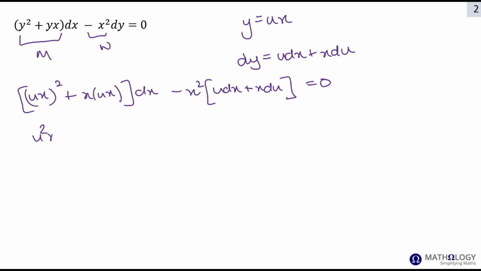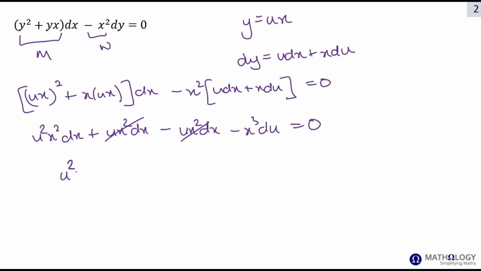So we have u squared x squared dx plus u x squared dx minus u x squared dx minus x cubed du equals 0. These two terms here will cancel, and we're left with u squared x squared dx equals x cubed du. We're just going to take that over to the right because we're going to have variables separable here.